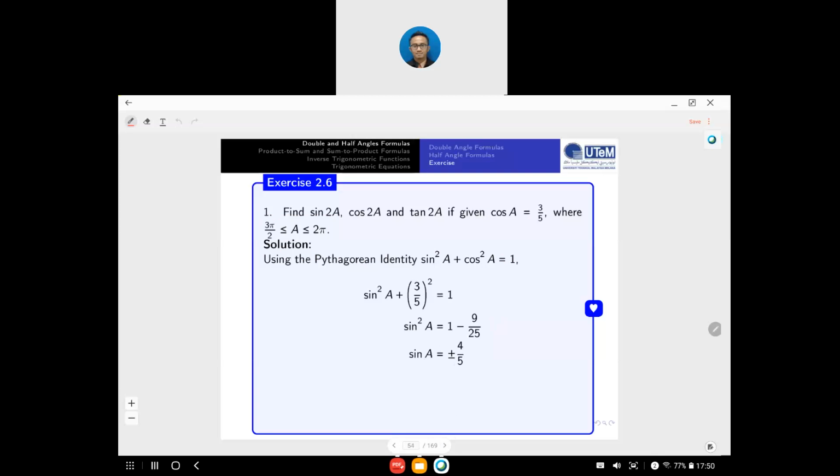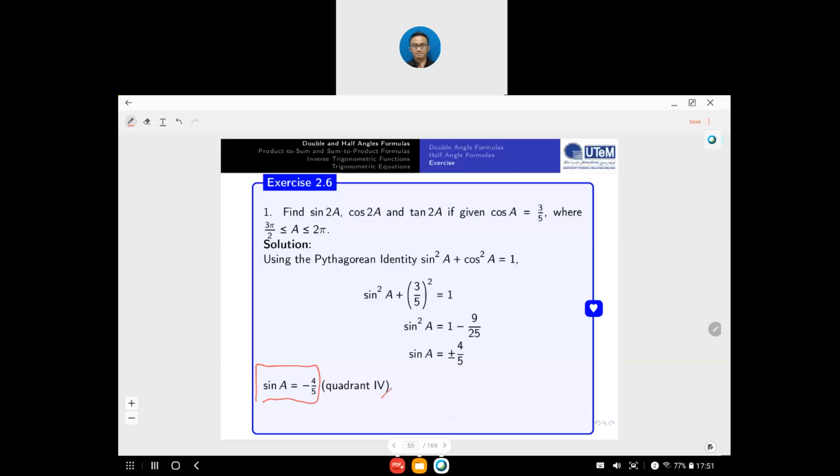So sine A equal to plus minus 4 over 5. Okay. Since this one is fourth quadrant, sine must be negative. Okay. So we must choose the negative value whereby sine A equal to negative 4 over 5 because quadrant 4.